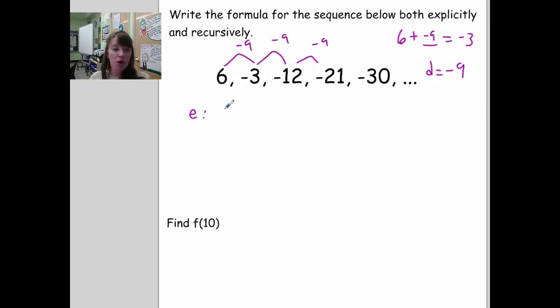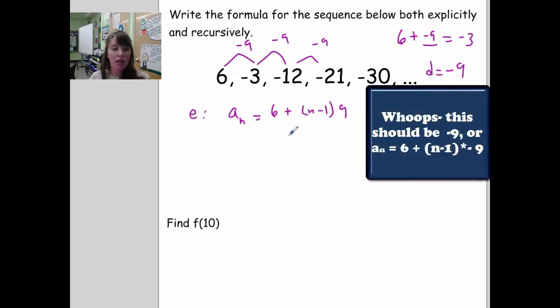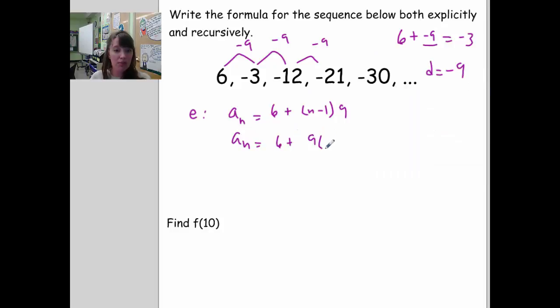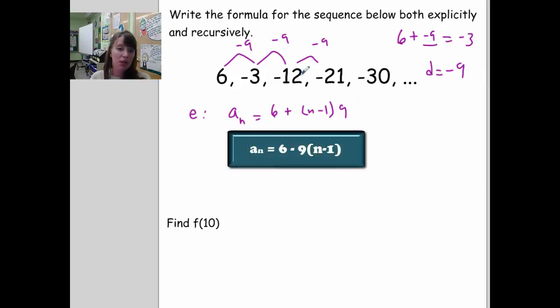So the explicit formula is a sub n is equal to, I start with the first term, 6, plus n minus 1 times 9. Another way you could write this is a sub n equals 6 plus 9 times n minus 1. You might want to put the 9 as a coefficient of the n minus 1. Either way, it's fine. Okay, so that's the explicit formula.